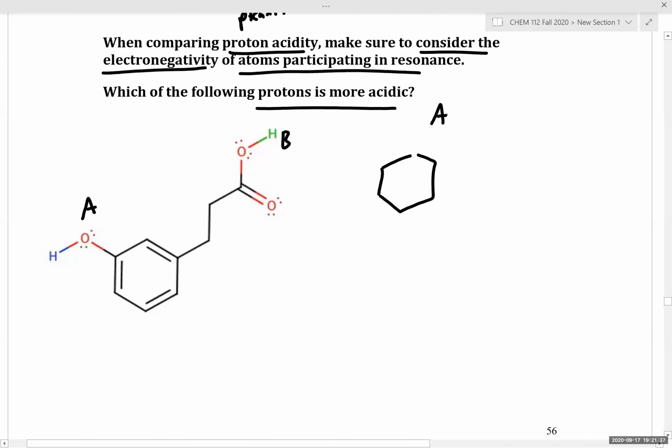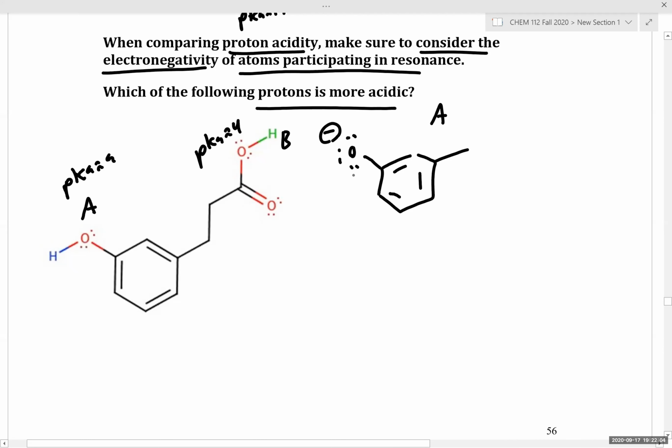So let's look at the anion generated from A. Just looking at pKa values, we know this pKa is around 9 and this pKa is around 4. So our goal now, with these pKa values from our pKa table, is to try to explain why. Why is proton A less acidic?